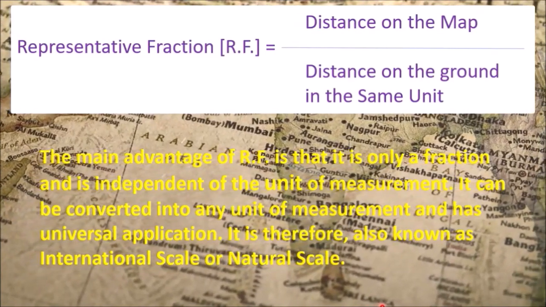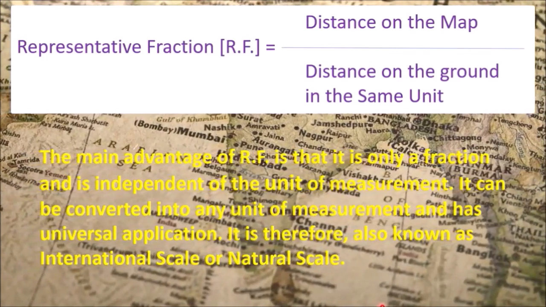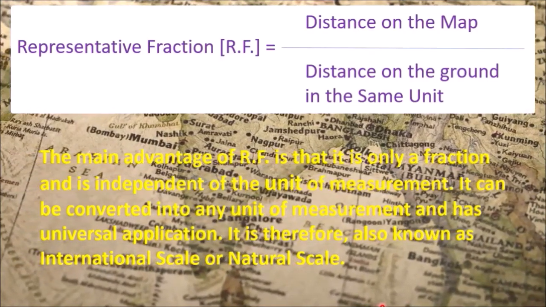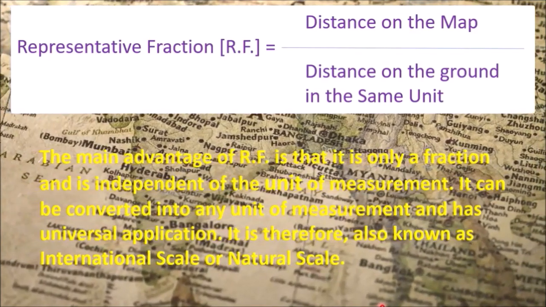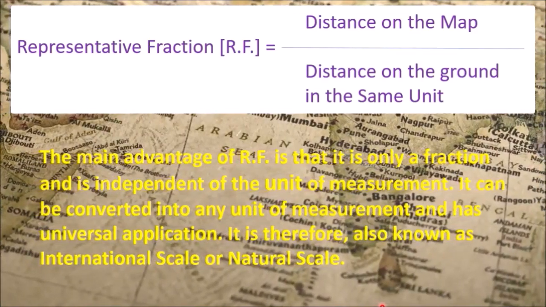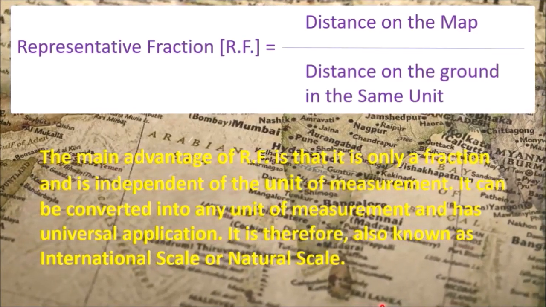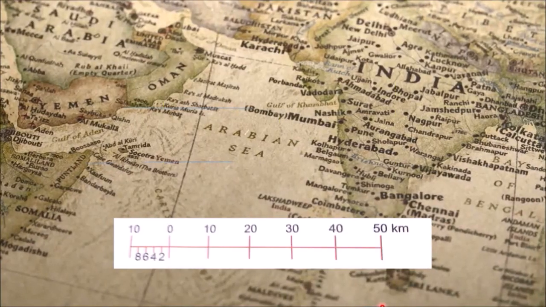The main advantage of RF is that it is only a fraction and is independent of the unit of measurement. It can be converted into any unit of measurement and has a universal application. It is therefore also known as international scale or natural scale.